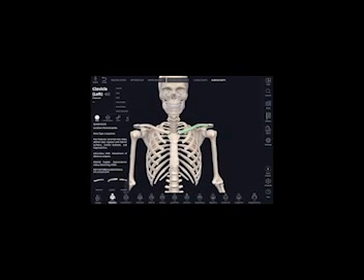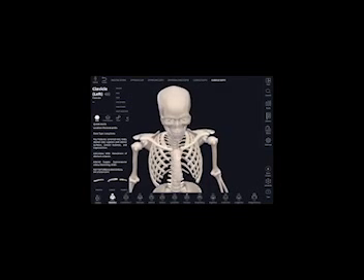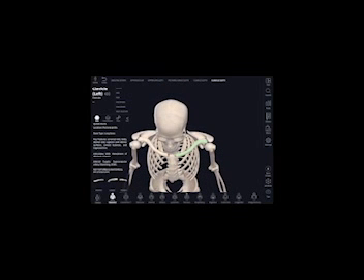The clavicle is about 6 inches long, a bony structure located on the anterior aspect of your upper shoulder area. And it has a nice S-shaped structure, as you can see from the superior view. Medially it articulates with the sternum, and laterally it articulates with the acromion, which is part of the scapula.